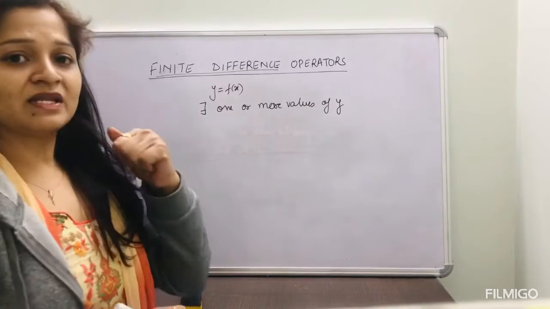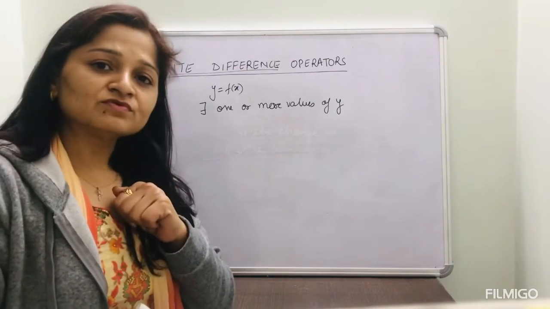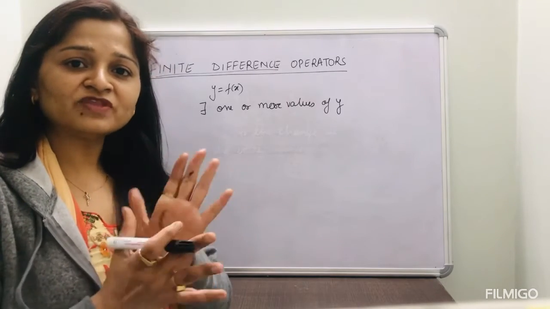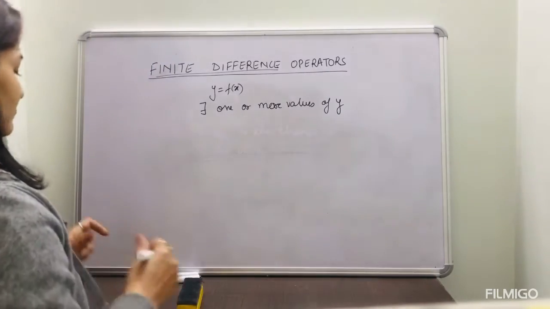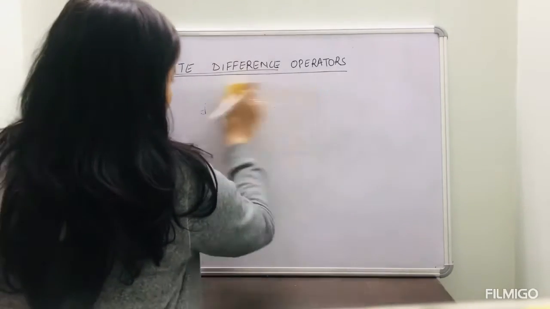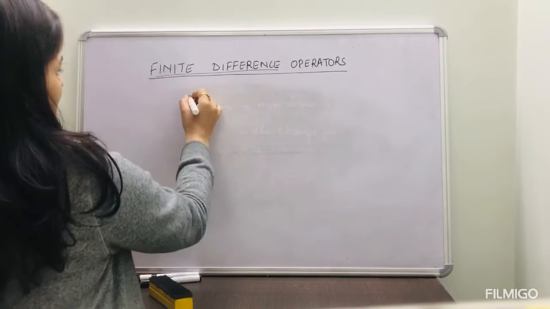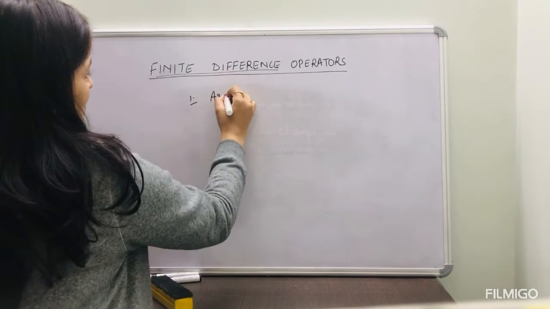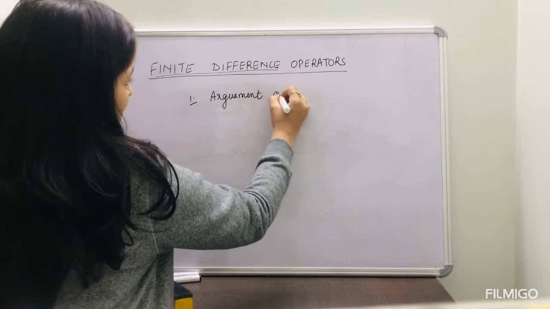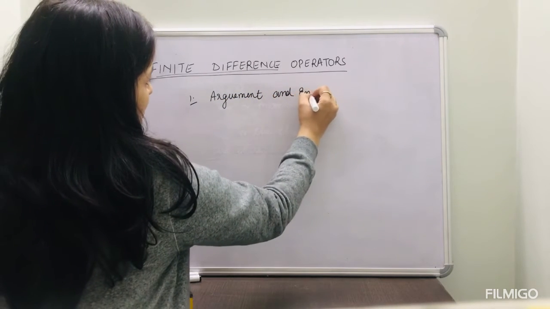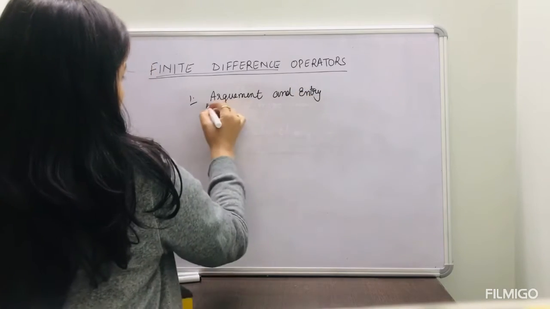आगे बढ़ने से पहले what we are going to do is we shall be studying some of the definitions, some of the terms which we are going to use. So very first of all we have the words argument and entry.